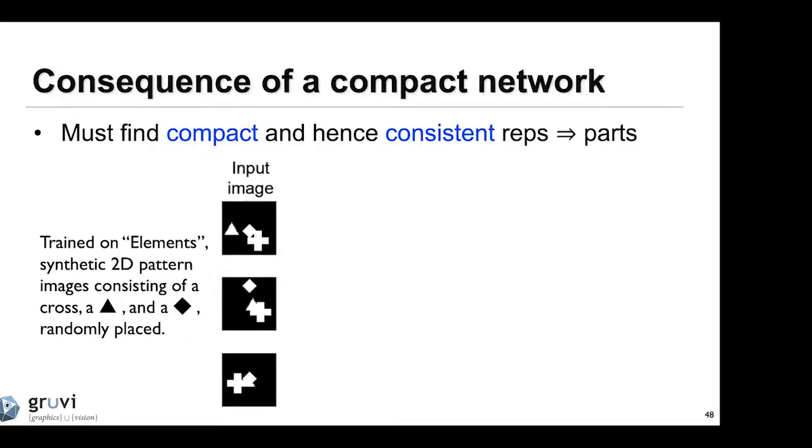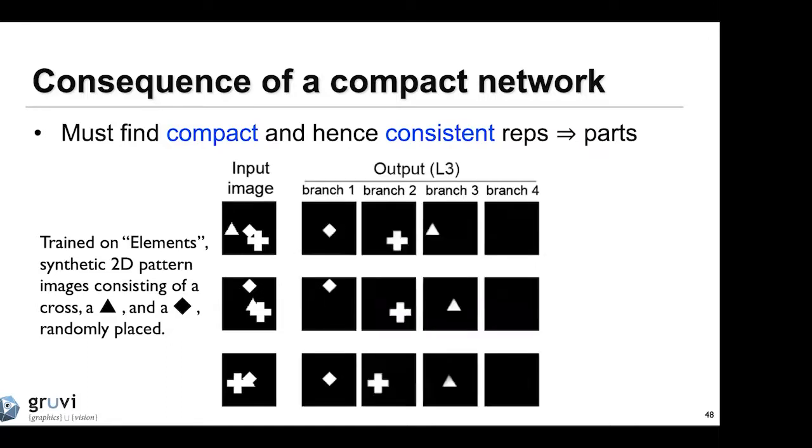The network is forced to find compact representations, and this compactness seems to actually lead to consistency. This is certainly not something that's never been discovered before, and it has actually appeared in other settings as well. So there's compactness leading to consistency, and the network is able to learn these parts. This is a toy example where you can see in different branches, the network seems to be able to learn different parts that compose these shapes.